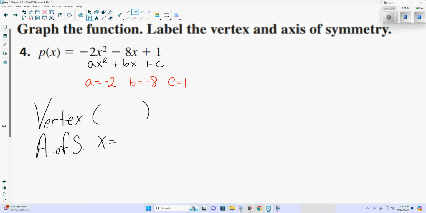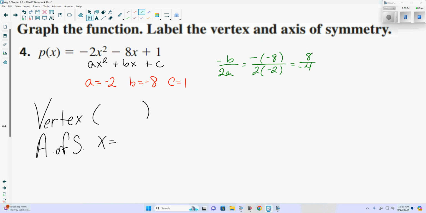And to find the vertex, we need to find the value of negative b over 2a. Well, b is negative 8, and a is negative 2. So we get negative negative 8 over 2 times negative 2. 2 times negative 2 would be negative 4.